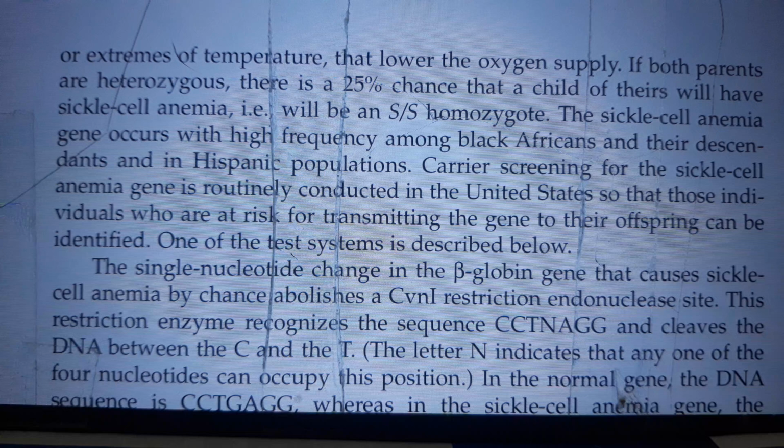If both parents are heterozygous, there is a 25% chance that a child of theirs will have sickle cell anemia, that is, will be a homozygote.